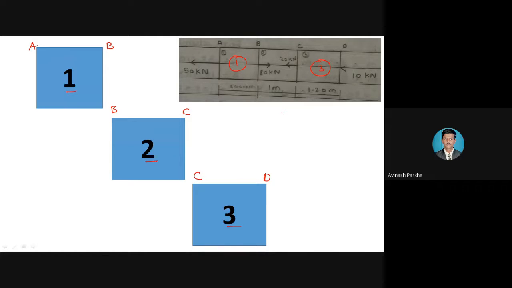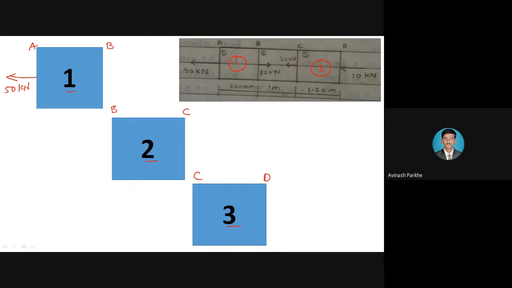Now first of all I will take the external load applied on section number 1. How much load is applied? I can take its magnitude and its direction as it is. How much? 50 kilonewton.